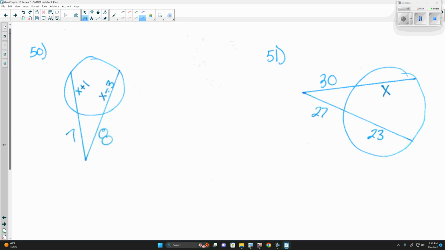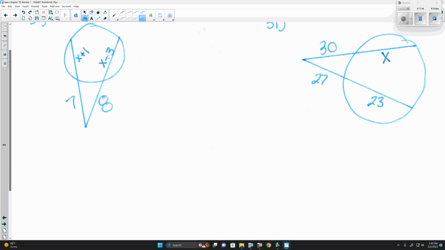50. When we have two secant lines, we know that the product of the exterior times the whole is equal to the exterior times the whole.